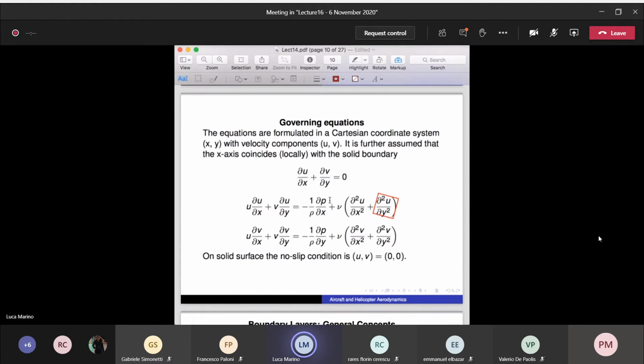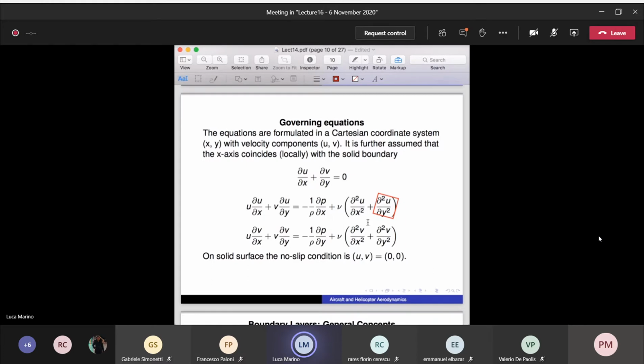I just want to mention, because it's important for what we are going to discuss today and also next week, that you have to be aware of the mathematical character of these partial differential equations. The Navier-Stokes equations, if considered as spatial systems, are elliptic, like the Laplace or Poisson equation. This ellipticity reflects on the problem of the boundary conditions that we will discuss.